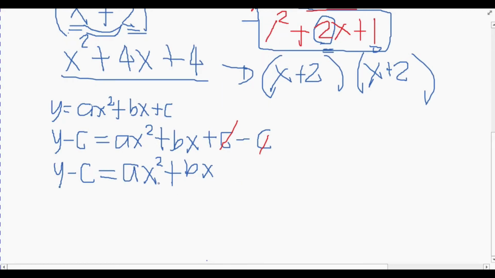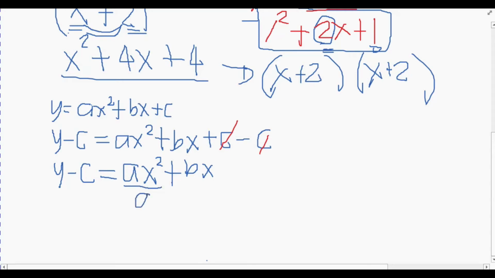We are going to factor out a so that we can get rid of the leading coefficient. Our purpose here is to make the leading coefficient, the coefficient of the quadratic term, become 1. So we will factor out a, which means we divide by a.